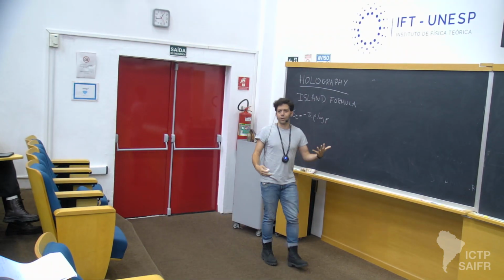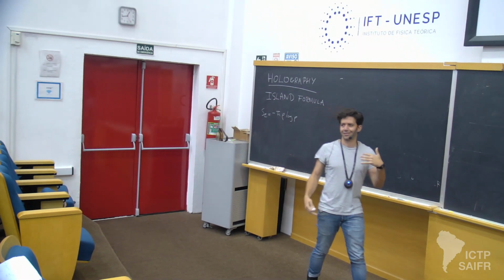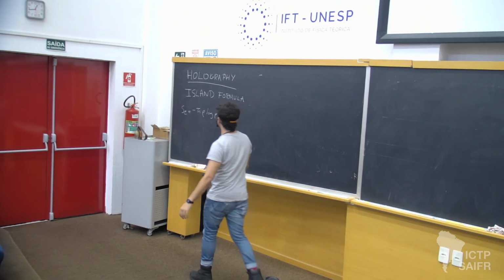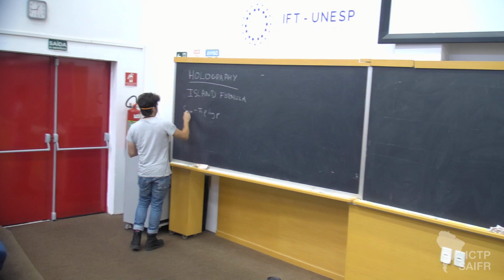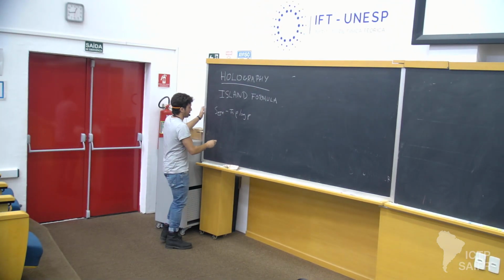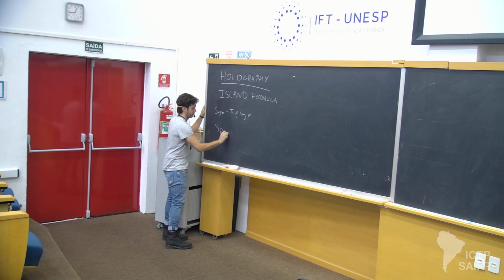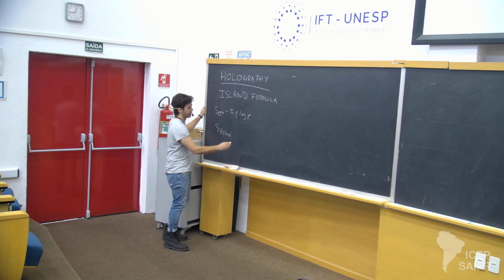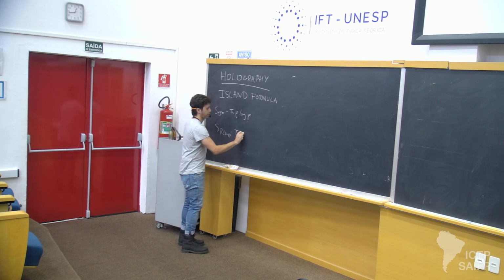But we can't do that directly, since it involves a log, and logs are hard. So instead, we first compute the Renyi entropy, which is the trace of rho to the n.